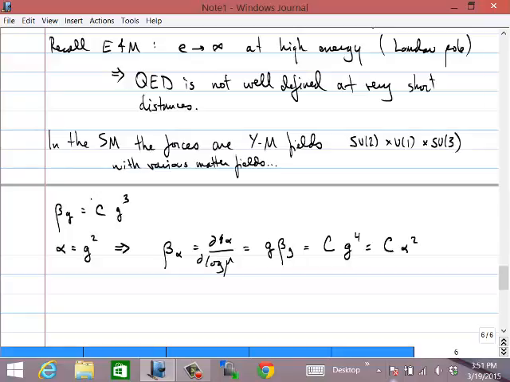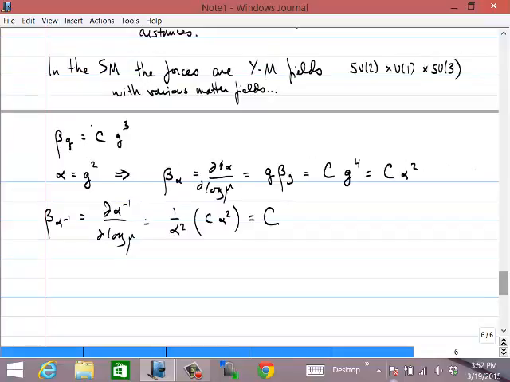Then, if you want to study the beta function for alpha inverse, the derivative of alpha inverse with respect to log mu, what is that? That's minus 1 over alpha squared times the beta function for alpha, which was c times alpha squared. So that's just a constant. So what does this mean? Why did I go through and do this? This means that if we write alpha inverse, which is 1 over the coupling squared, then its beta function is a constant. So that runs linearly with energy.